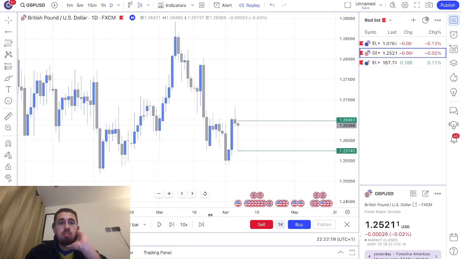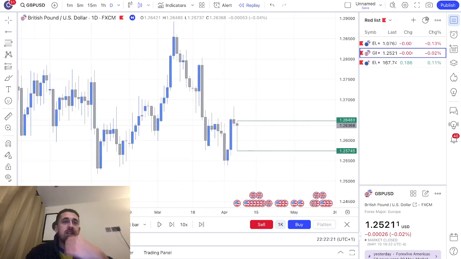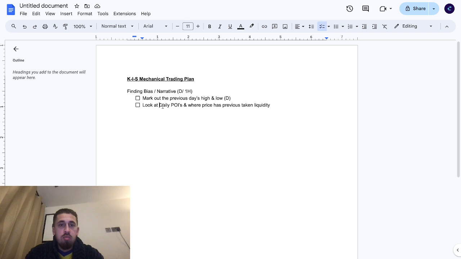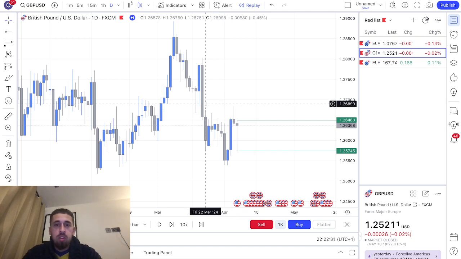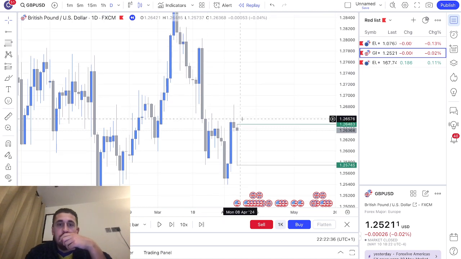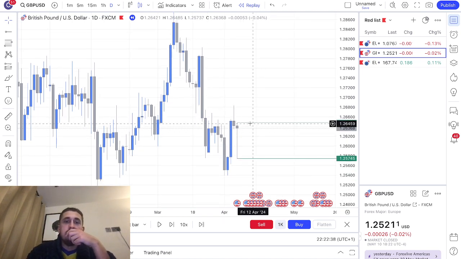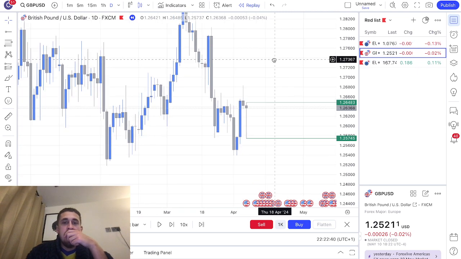But only recent. Look at recent daily POIs. So, for example, there was an order block there, and there was liquidity there, so we could potentially be going down off that.